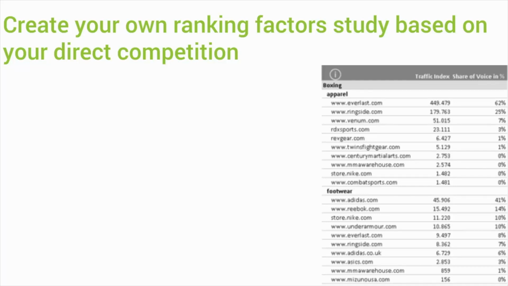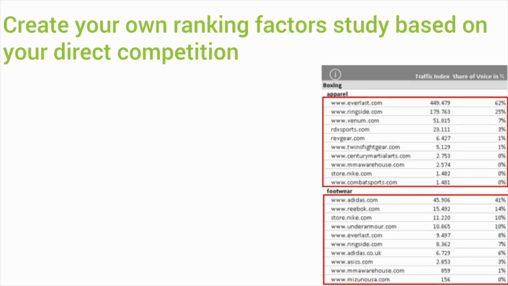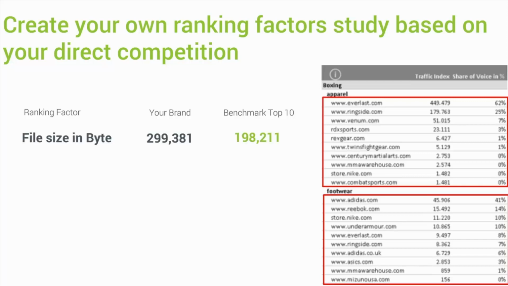What you do now is put together your own ranking factor studies. You're looking at just those domains for both categories, and what you can then pull out from a technical standpoint is the ranking factors they share and have in common. On file size in bytes, they have 198 as the top 10 benchmark, but yours is way higher.